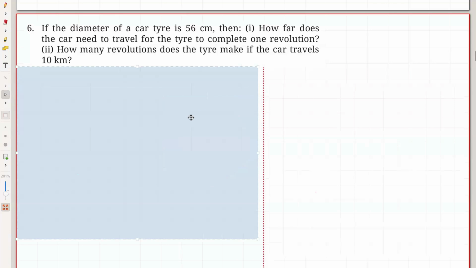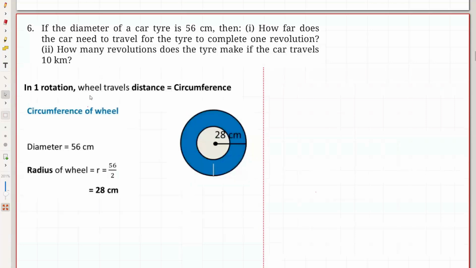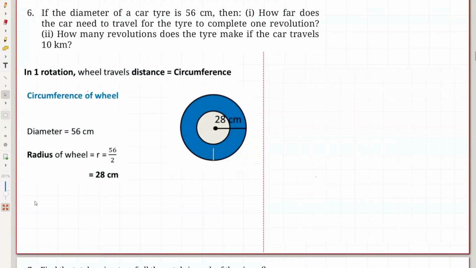In one rotation, a wheel travels a distance equal to the circumference of a circle. How do we find the circumference? The diameter is given, so we find the radius: 56 by 2, that is 28. The circumference of the circle is equal to 2 pi r.